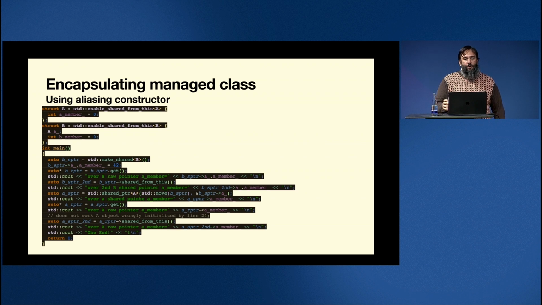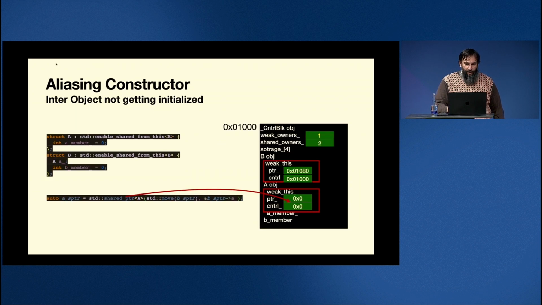And this is called an aliasing constructor in the C++ standard, if you look it up. Now, how does the object look like in this aliasing constructor? The object layout will look something like this, where you have an outer object B, which has a weak from this, and then it has a member, which is the A object, which also has a base class, the weak from this.